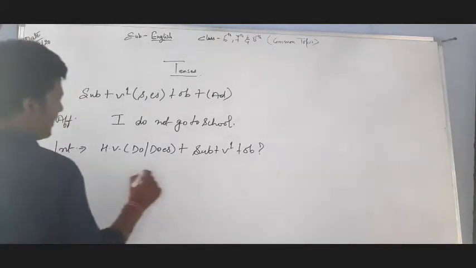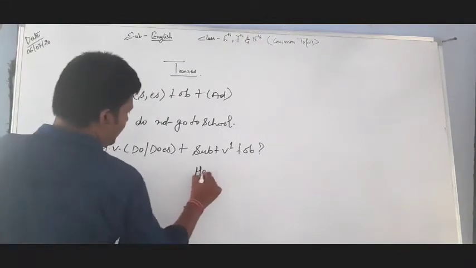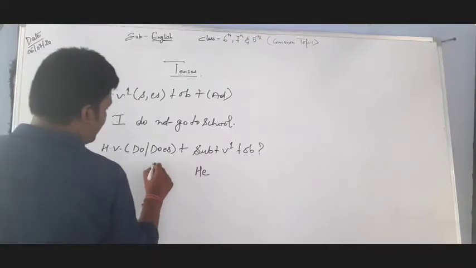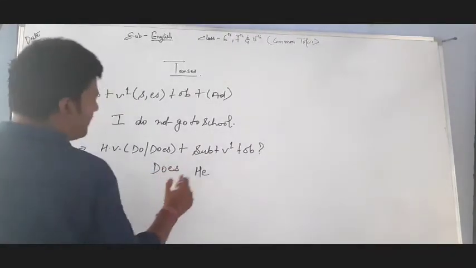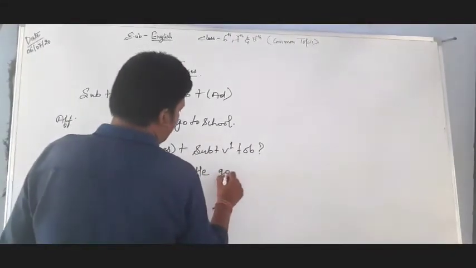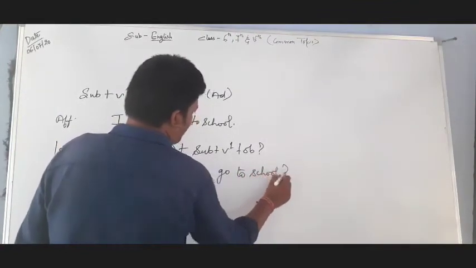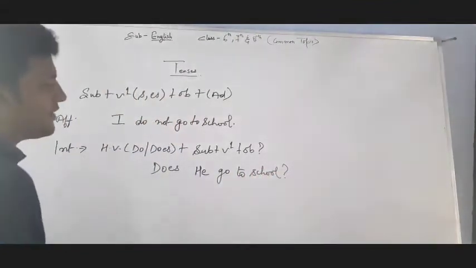Now suppose I take my subject as he. He is again singular as well as third person, so I use: Does he go to school? This forms an interrogative sentence.